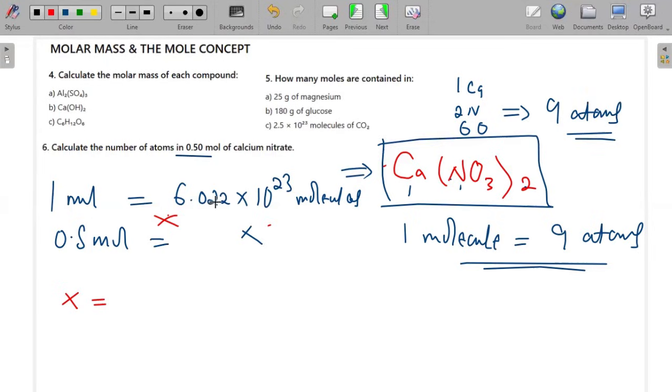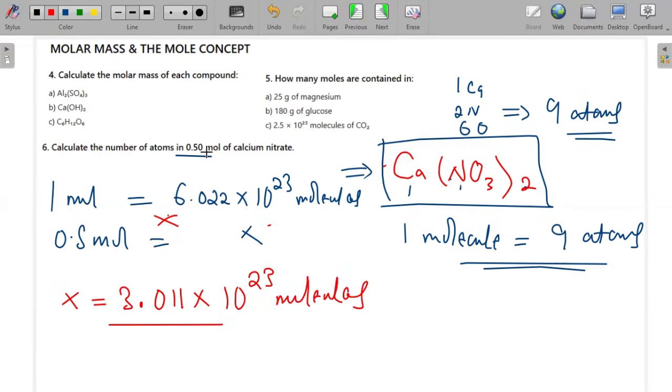So that gives me, not 30, but 3.011 multiplied by 10 to the power 23 molecules. Meaning that 0.5 moles of calcium nitrate is the same as 3.011 times 10 to the power 23 molecules.